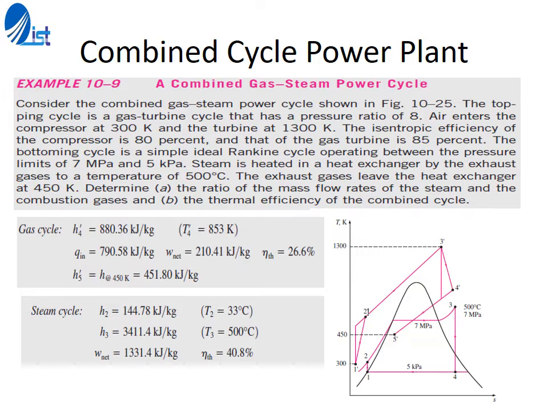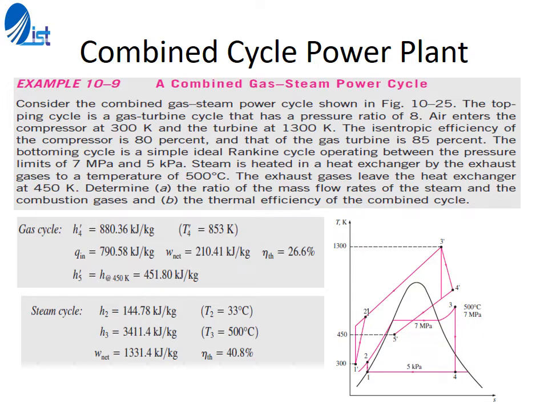Not an individual cycle, but the thermal efficiency of the combined cycle will be calculated. So for this example, first of all we will draw a TS diagram representing the various temperatures mentioned in the data. Given the data, we will plot the topping cycle as a Brayton cycle and the bottoming cycle as a Rankine cycle on a TS diagram.